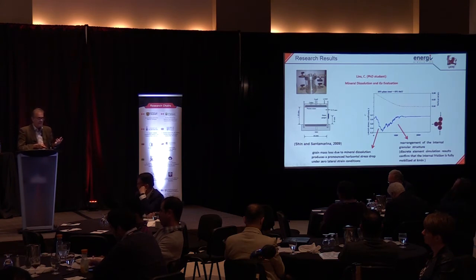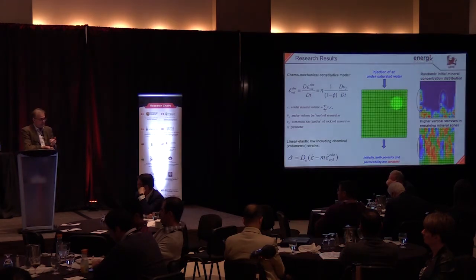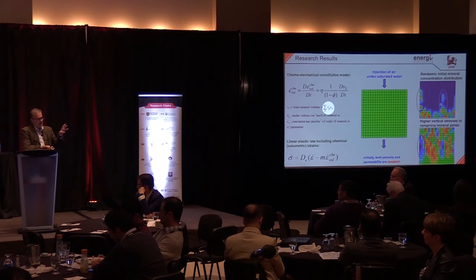So to illustrate this kind of phenomenon, we are using modeling. We incorporate in our geomechanical model elastic induced strain deformation due to the total mineral volume. So if the total mineral volume decreases, we have a shrinkage of the material, and we incorporate that in our elastic model.